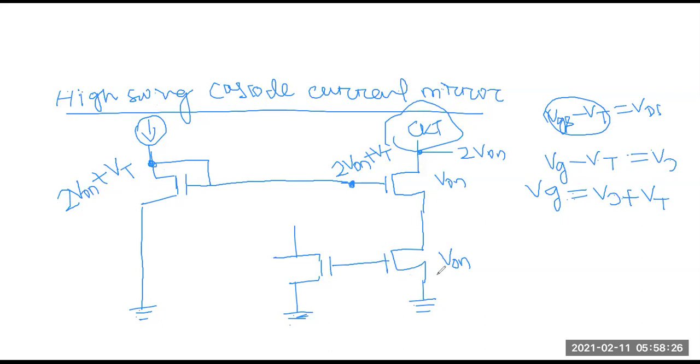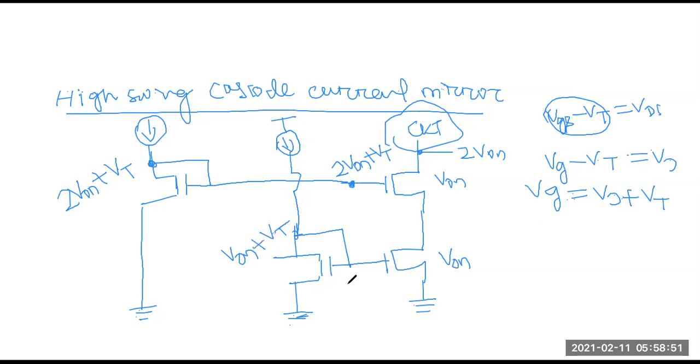But for biasing, this requires V on voltage. This is V on. So if we make it like this, suppose we make another current source. Then this voltage will be V on plus Vt.